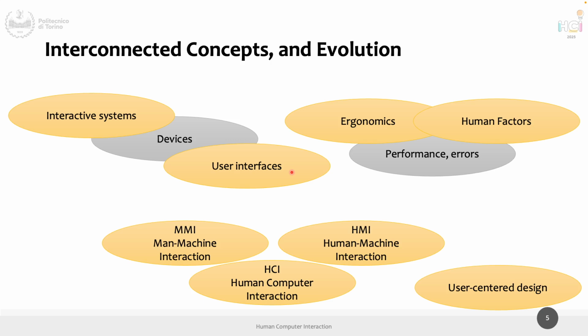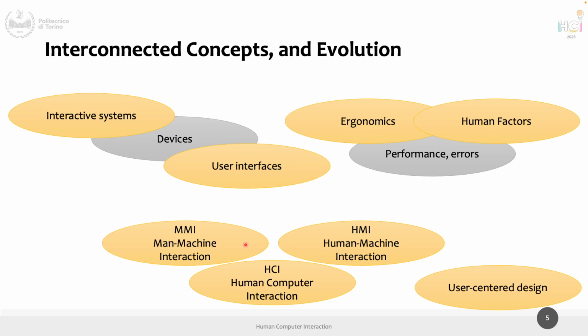There is a concept of performance, error, both from the technical standpoint, but also for what insists on ergonomics, human factor, our capabilities, our abilities as human beings. And then there are two other ways of calling human-computer interaction that you may meet in the world.